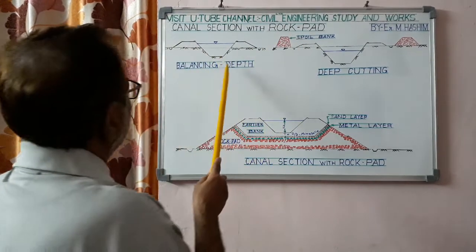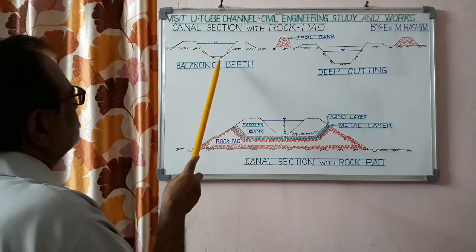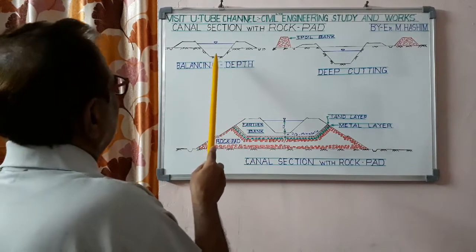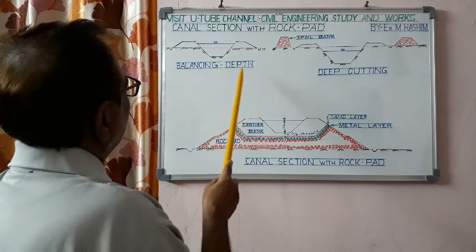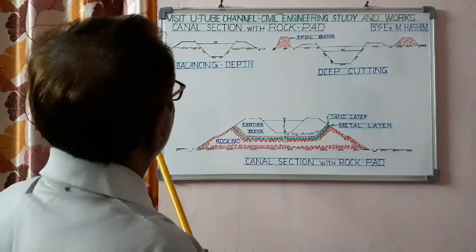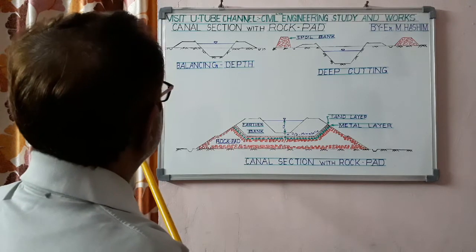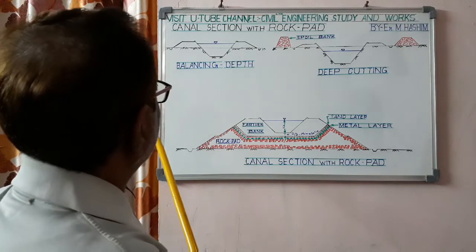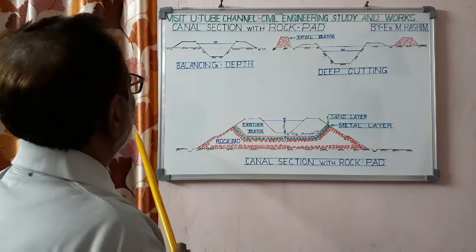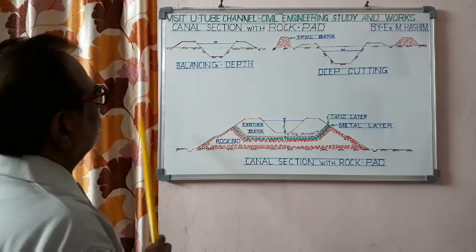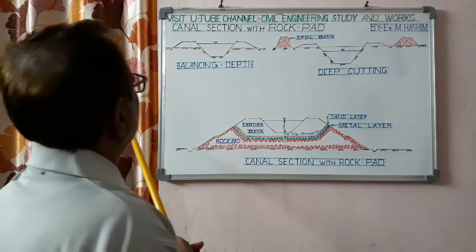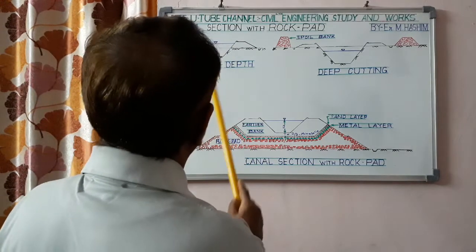Or if in filling reach more filling is there, then we have to borrow the soil from the borrow area, which again requires additional land acquisition for borrow area and carting cost from borrow area to the canal section area.